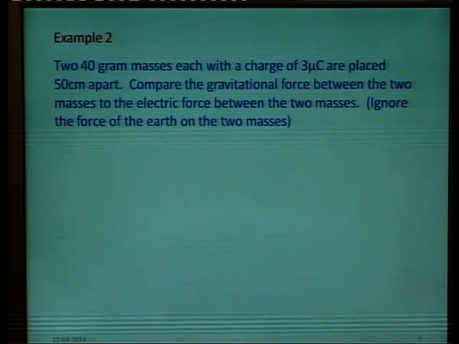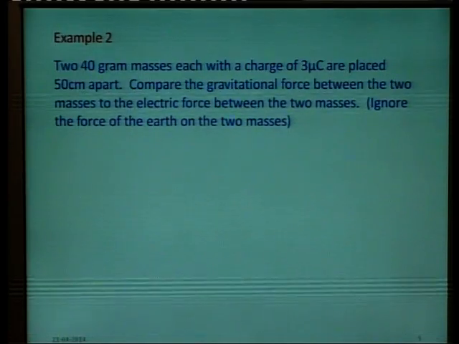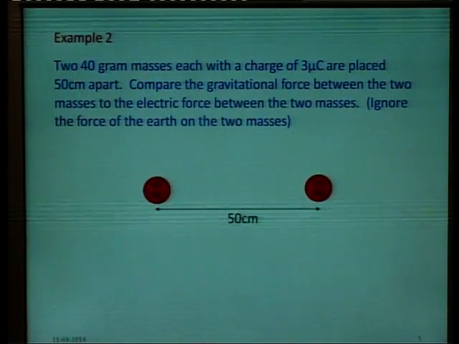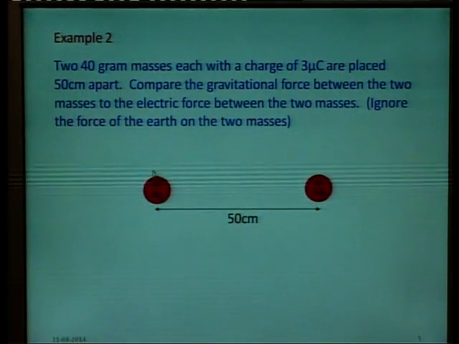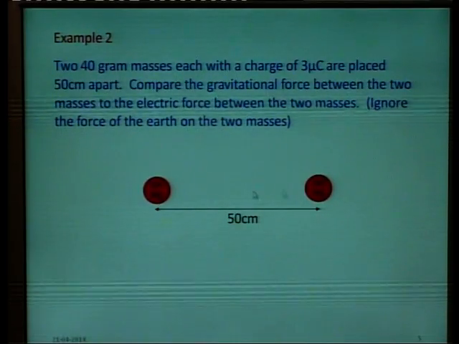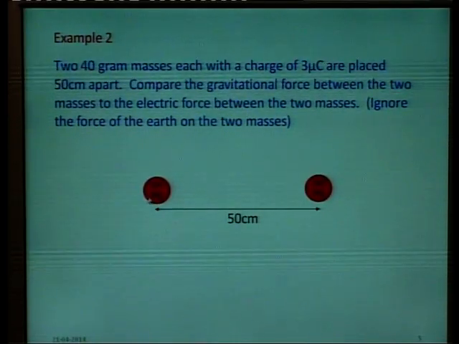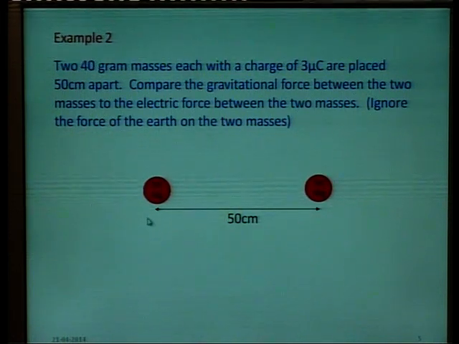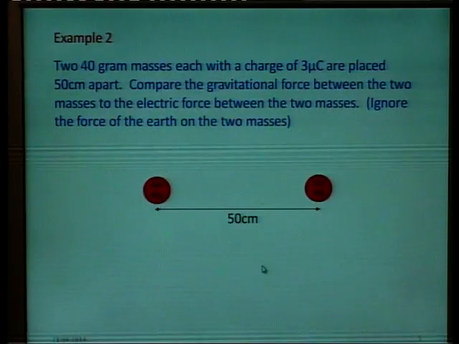You have to compare the gravitational force between the two masses to the electric force between the two masses. So, you have got two masses, both are of 40 gram and charge on both of them is 3 microcoulomb. Separation between the two is 50 centimeter.